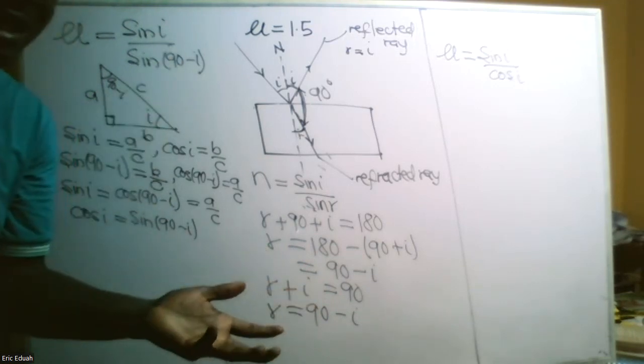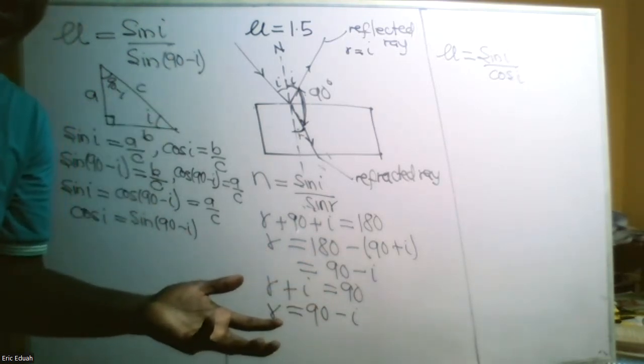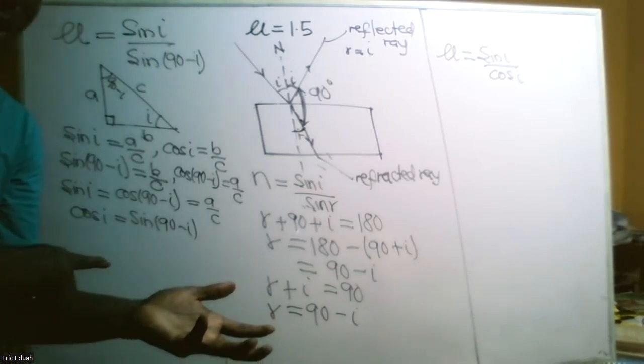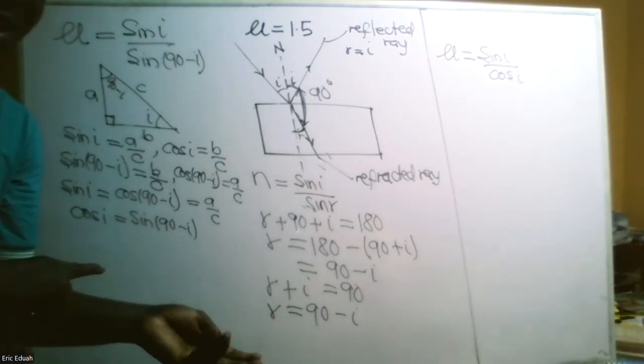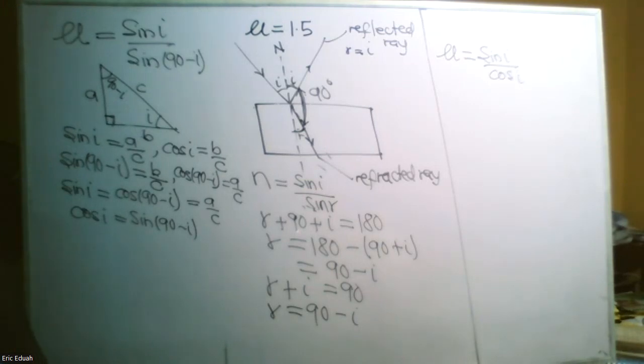And so cos 60 must also be equal to sine of 60? No, sine 30 is equal to cos 60. Because of this rule. Please, are we okay?